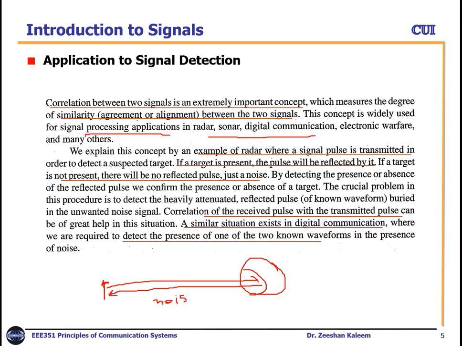But we have to decide whether there is only reflection due to noise, or in reality there is a target present. So we have to decide by using some threshold value. If we find the similarity is greater than some threshold value, we will say the target is present. Otherwise we will say no target was present there.